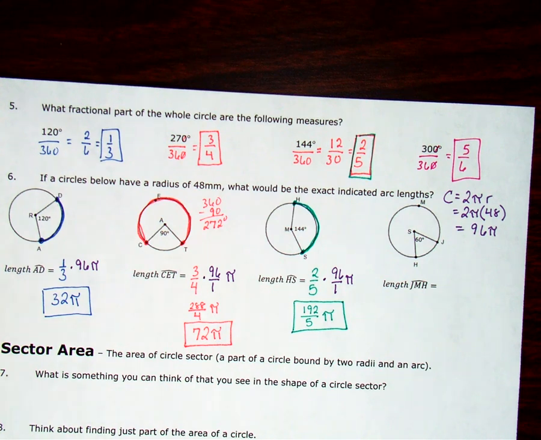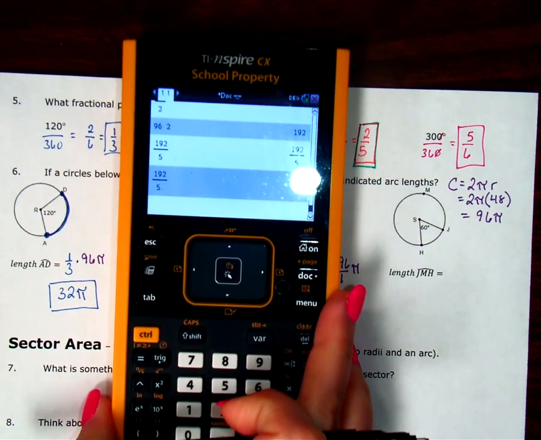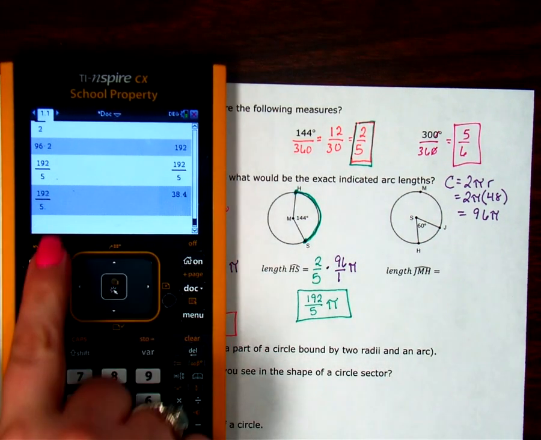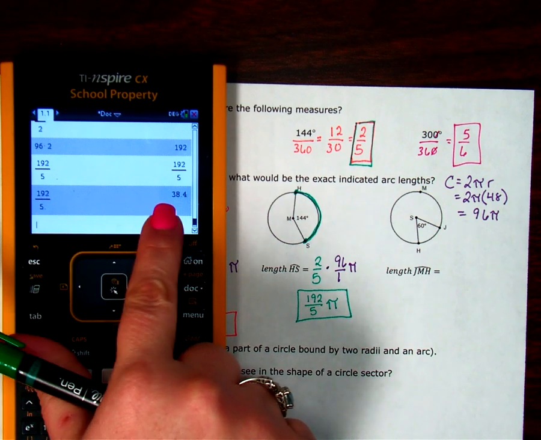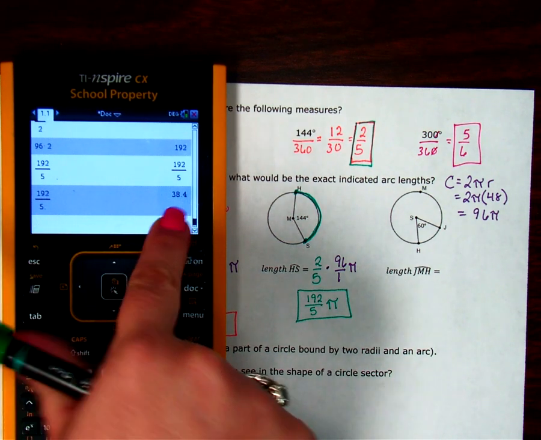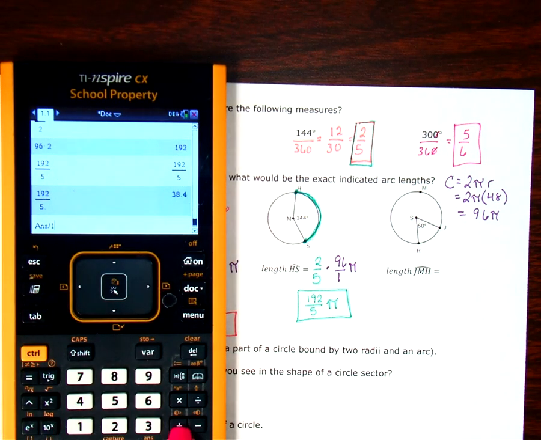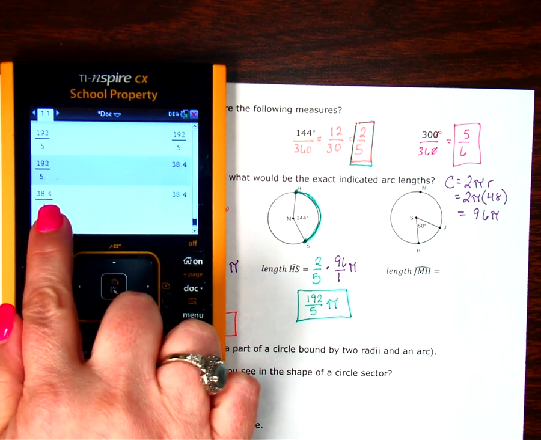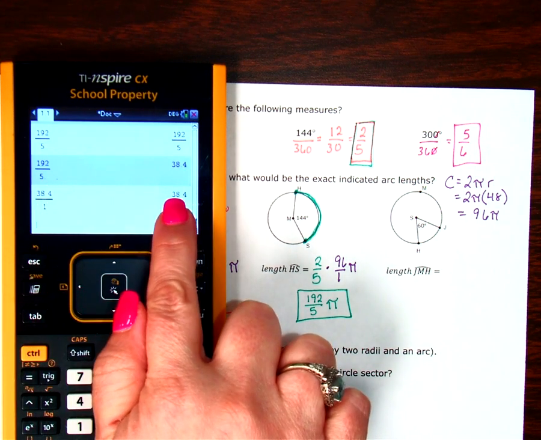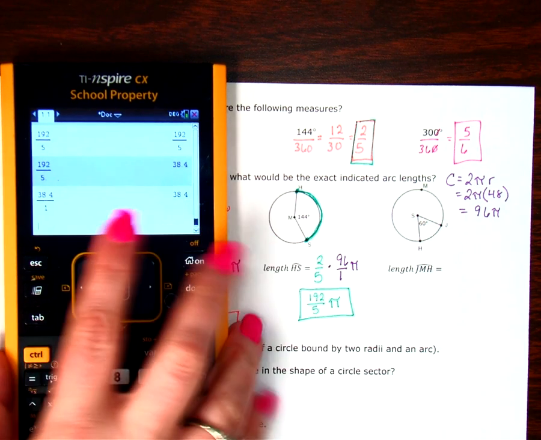Now, if I do 192 divided by 5 in my calculator and ask for a decimal answer, and I know y'all don't have these calculators, but you do have a regular calculator, so it will do. I'm just doing simple math here. You do get a nice pretty answer of 38.4, and it doesn't keep going. You can see it really is just the 38.4. There's not a whole bunch of extra numbers following after it. So that 38.4 is also an exact answer.